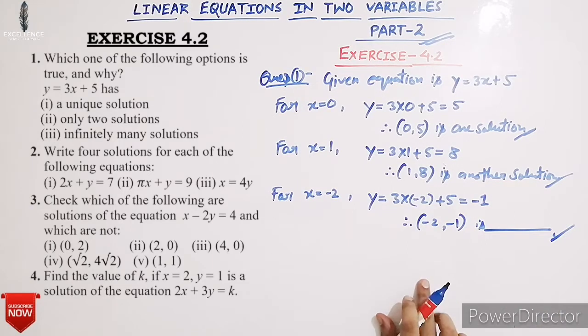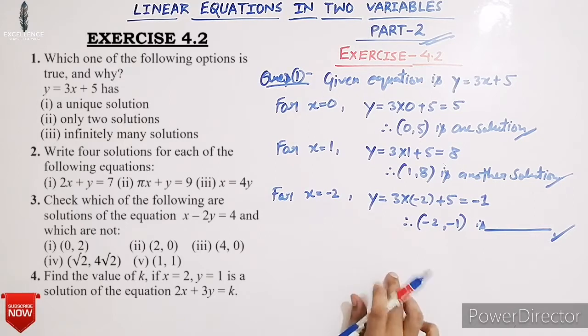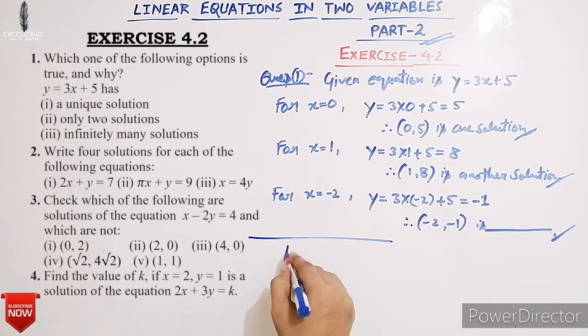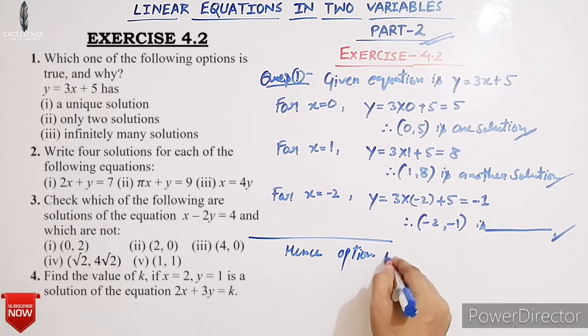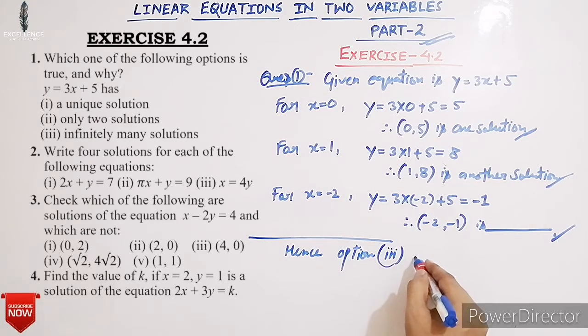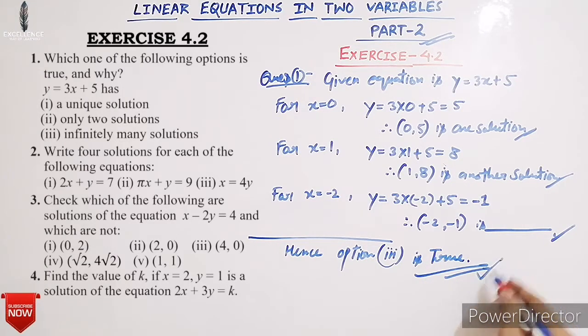So clearly, by putting the different values of x, we can find infinitely many solutions. So the given linear equation in two variables y is equals to 3x plus 5 has infinitely many solutions. Hence, option third is true. Okay students, clear?